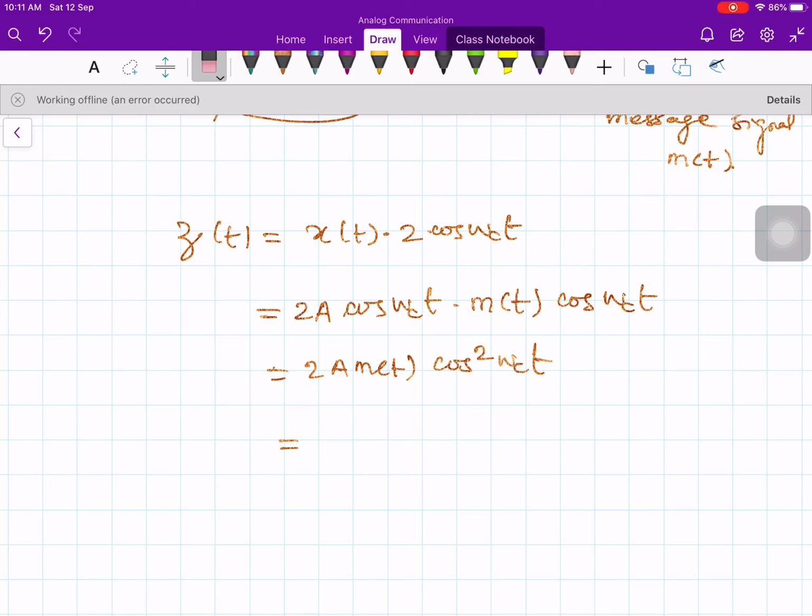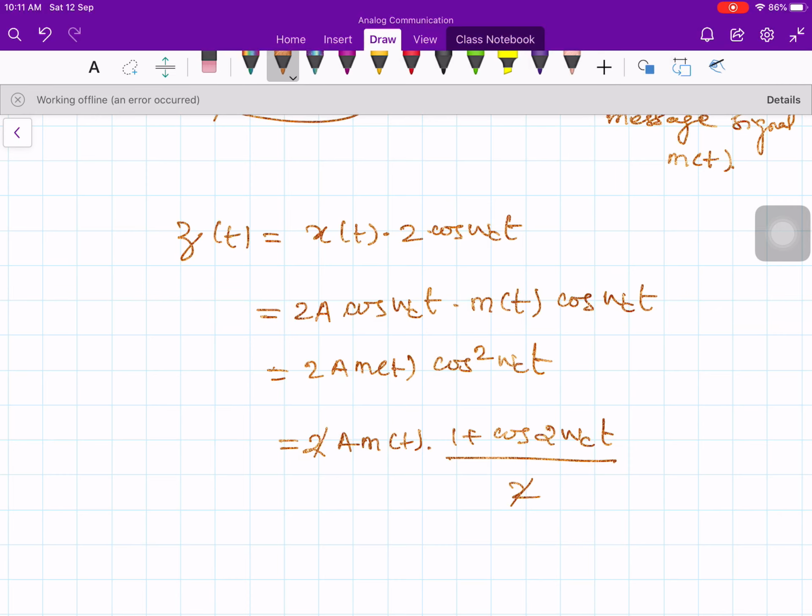Now this is a cos squared term, so we replace it in terms of a trigonometric identity. I can write 2 times A times m of t times cos square theta, where cos square theta is 1 plus cos of 2 omega c t divided by 2.